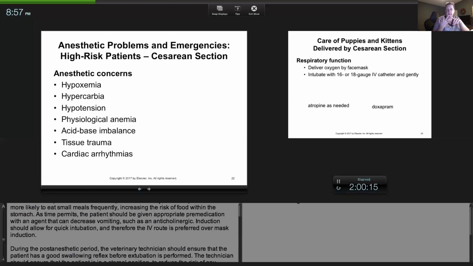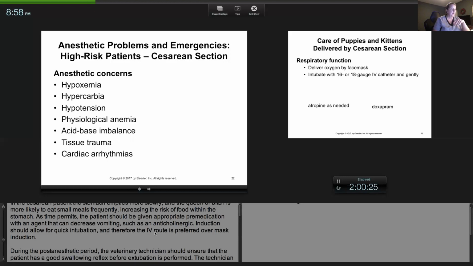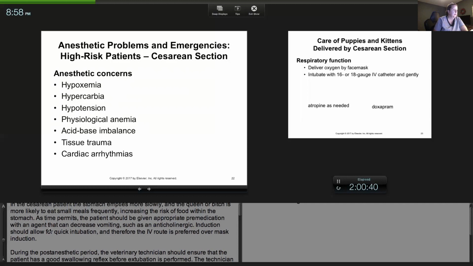That's your sodium, potassium, chloride, and calcium that we look at. And we worry about cardiac arrhythmias due to the fact that we've got pressure on the heart, pressure on the vessels, and poor oxygenation.